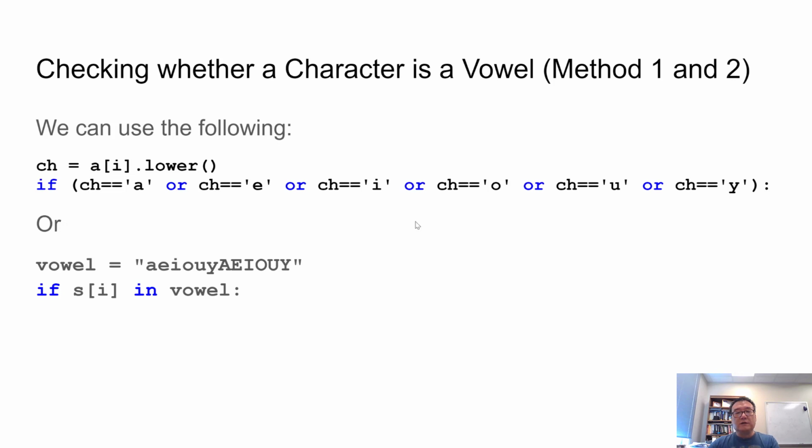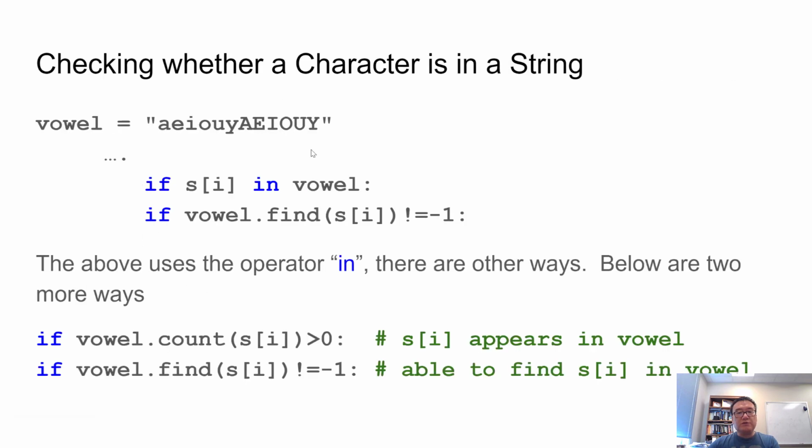And because we have both lowercase and uppercase, instead of writing these 10 conditions all together, we can convert it to lowercase, and then we only need to write these six conditions.